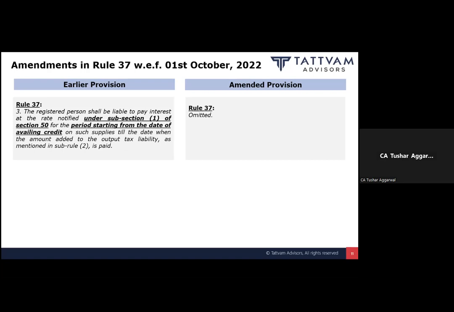And what this Rule 37 says is, starting from the date of availing the credit. So this is ultra vires to the extent the ITC is not utilized. You cannot demand interest merely on availment of credit if ITC is not utilized. So please note that until and unless you utilize the ITC, interest cannot be demanded under the previous Rule 37.